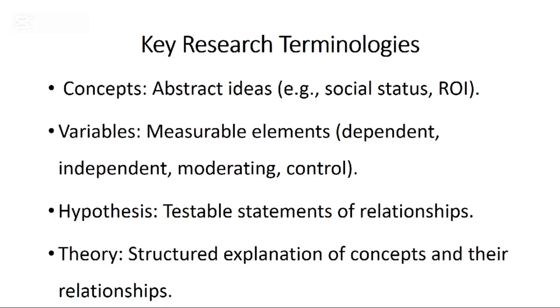The dependent variable, independent variable, and the moderating or control variable, as the case may be. Dependent variable is a variable of interest to the researcher. It is the variable that the research sets out to explain.